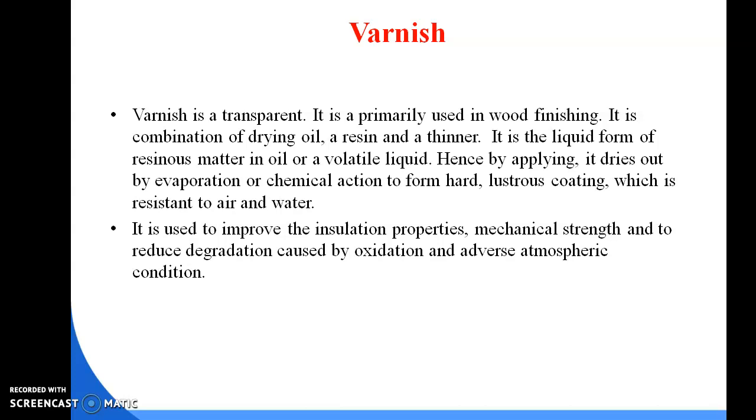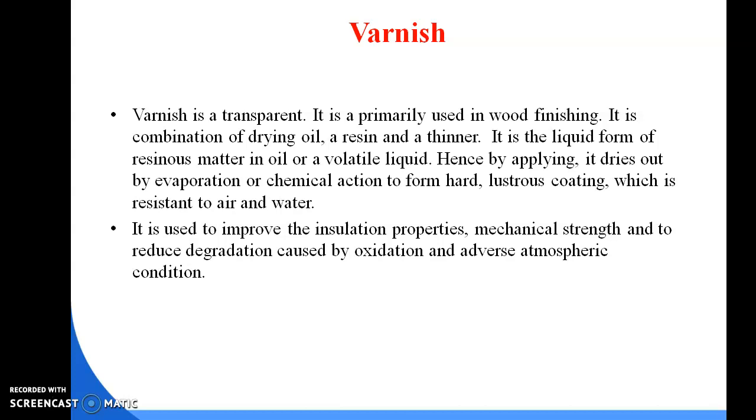It is the liquid form of resinous matter in oil or a volatile liquid, and when applied it dries out by evaporation or chemical action to form a hard and lustrous coating. This is resistant to air and water. It is used to improve the insulation properties, mechanical strength, and to reduce degradation caused by oxidation and adverse atmospheric conditions.